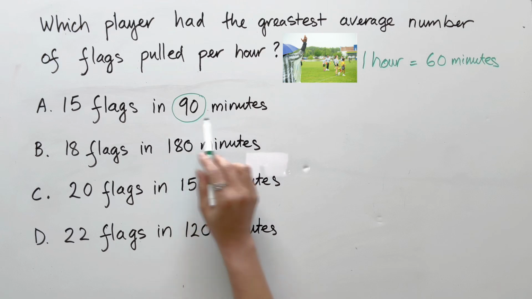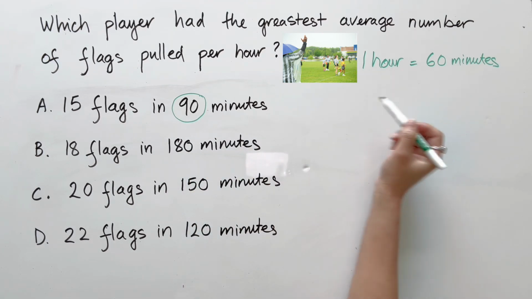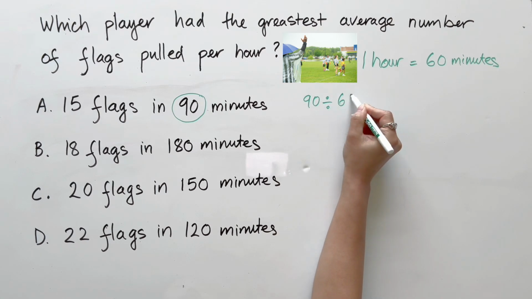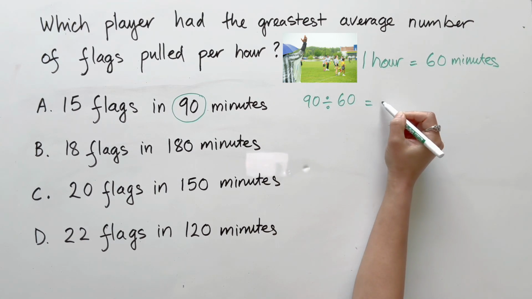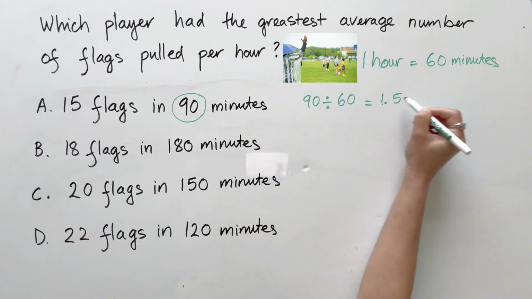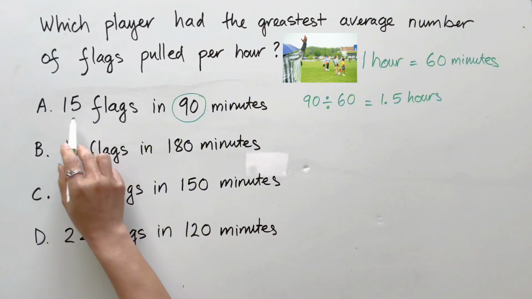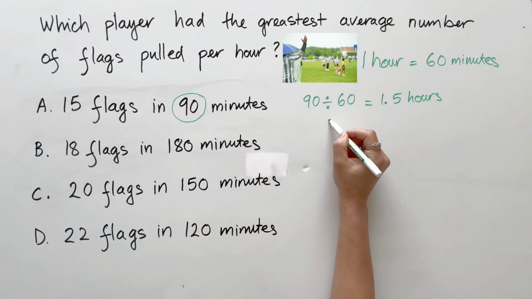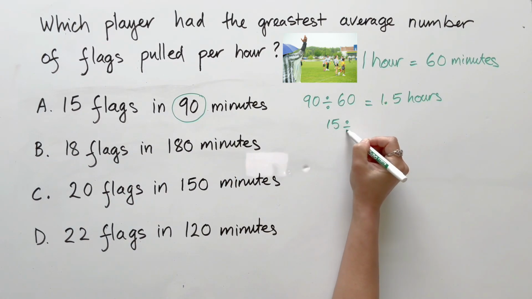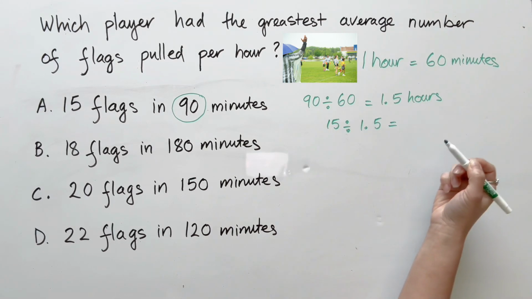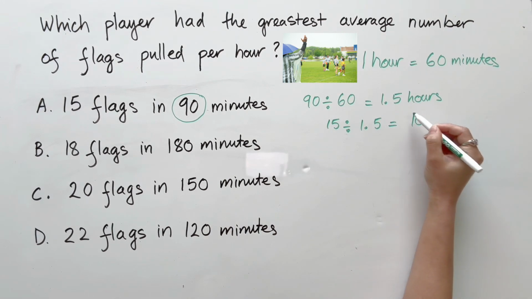So we take 90 divided by 60, which is 1.5 hours. Then we take 15 flags. We divide by the hours, 1.5, which is 10 flags.